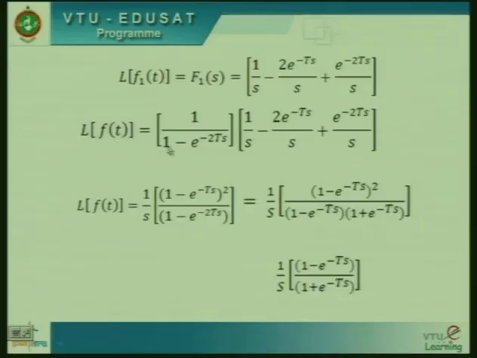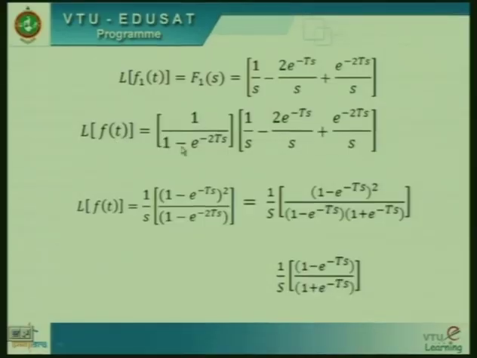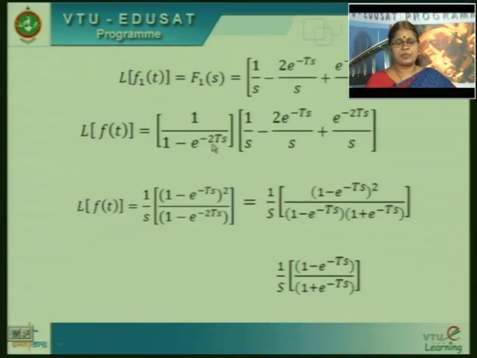Once you know the Laplace transform of one cycle of the periodic wave, you can easily find the Laplace transform of the original function, that is the periodic function. So, Laplace transform of f of t is 1 by 1 minus e power the time period times s, that is 1 by 1 minus e power minus 2Ts multiplied by Laplace transform of the first cycle.